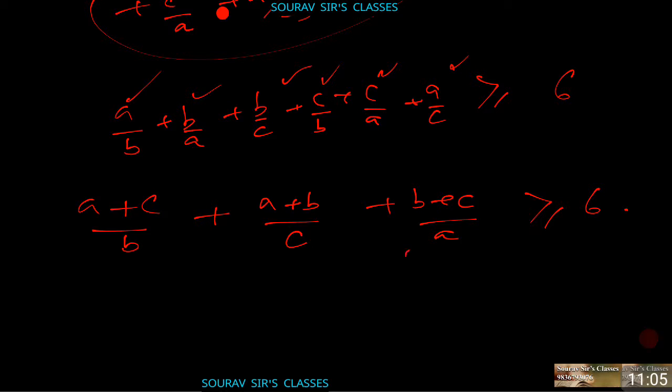Hence, this was the expression we needed in the question, and the minimum value of the given expression is 6, and option D is satisfied, that is none of the above.